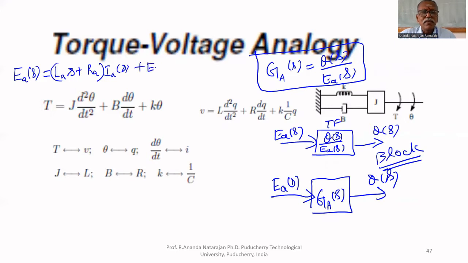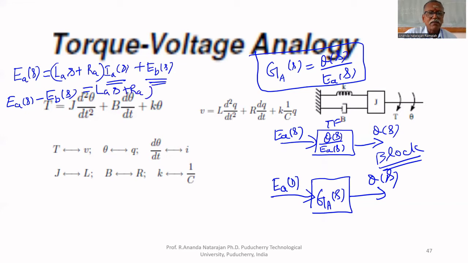Plus EB of S. This is a separate variable, so instead of combining, I can put EA of S minus EB of S as one variable, equal to (LA S plus RA) multiplied by IA of S. Let us assume that IA is the output.